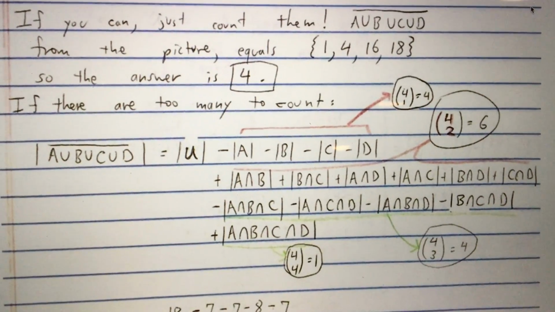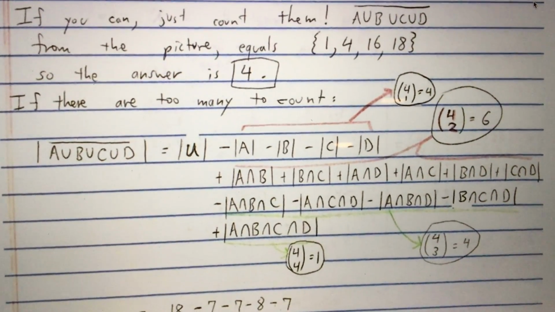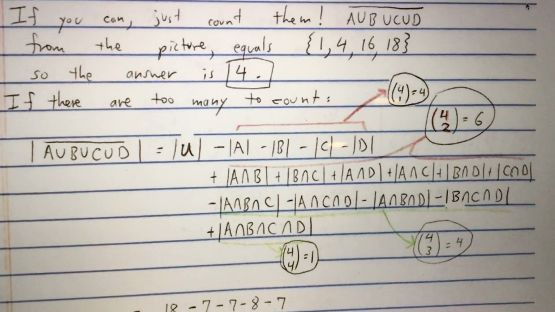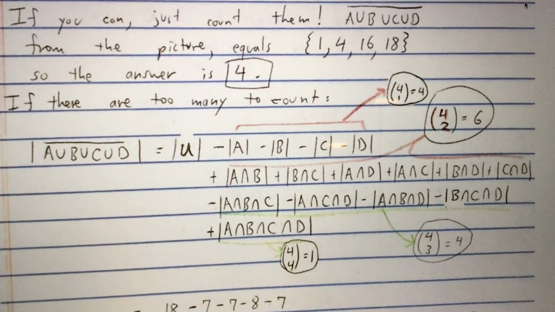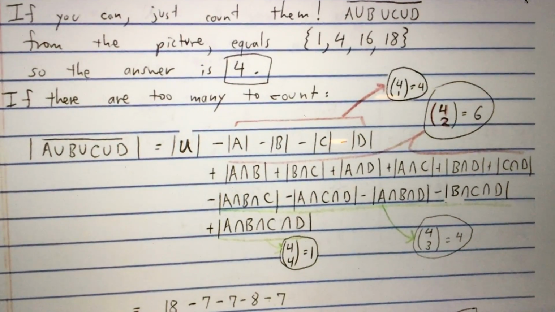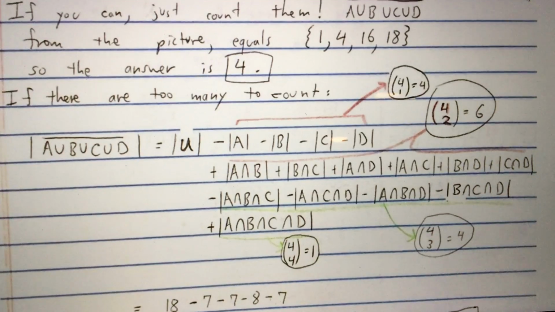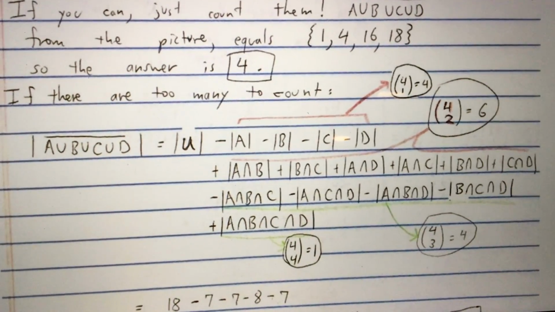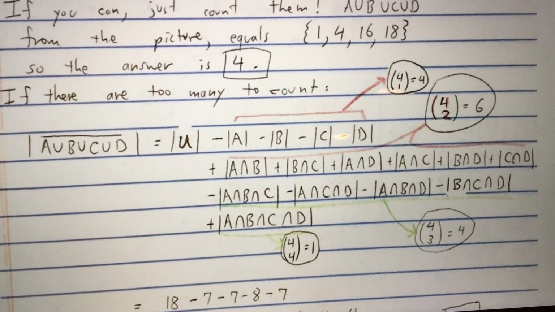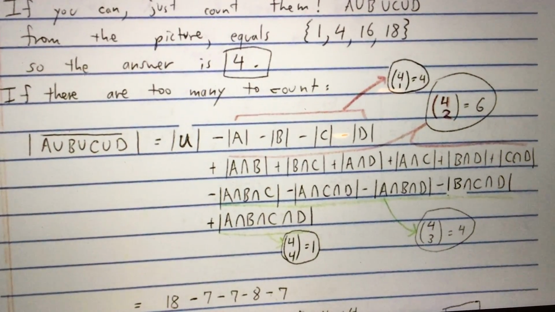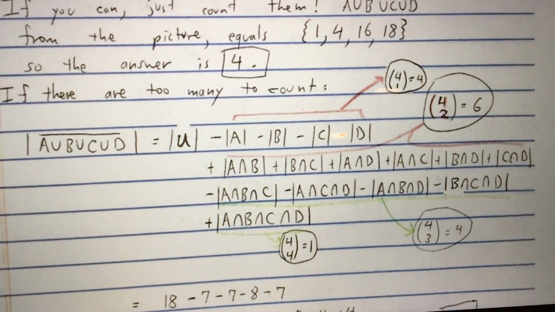All right, now we've added back in intersections, but we added back in some things more than once. When there's a triple intersection, we just added it in more than once. So we have to subtract the triple intersections. So we subtract A intersect B intersect C, and in fact we subtract all the triple intersections.